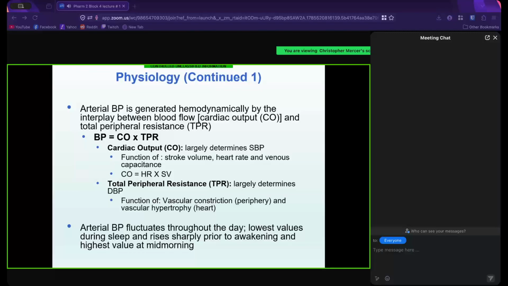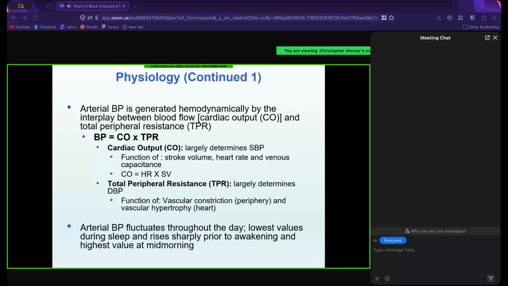So, core equation, right? The most important equation throughout this block is blood pressure. Blood pressure equals cardiac output times total peripheral resistance. So when we talk antihypertensive medications, we're talking about something that's either affecting cardiac output or total peripheral resistance, because drugs are either going to decrease cardiac output or decrease peripheral resistance.